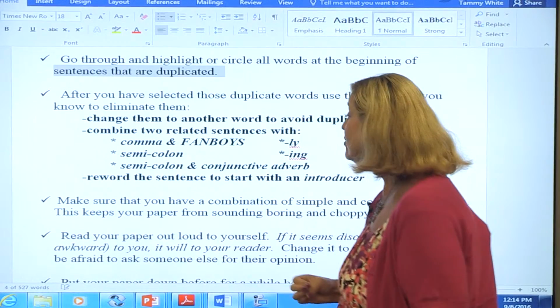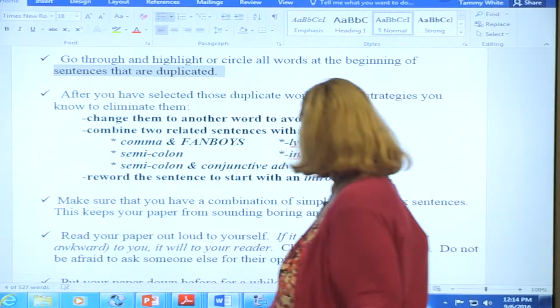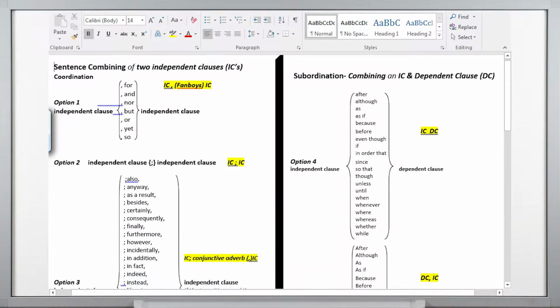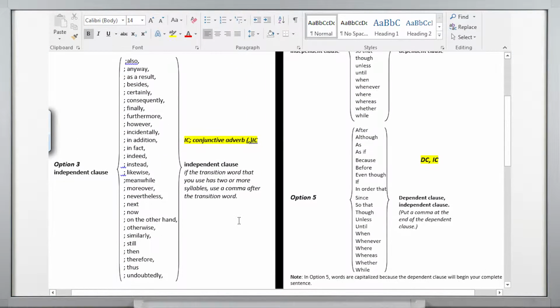The other thing is just to use an introductory word. And remember, on your sheet of gold, you have a lot of those words that we can use at the beginning of a sentence, like also or next, however, in fact, as long as it makes sense.